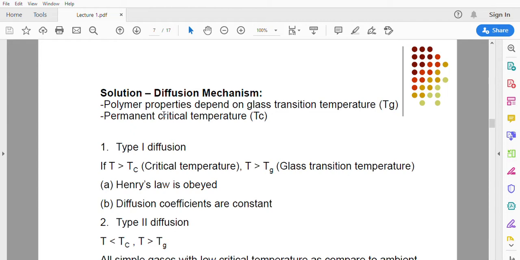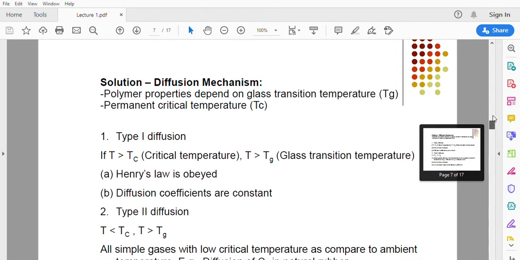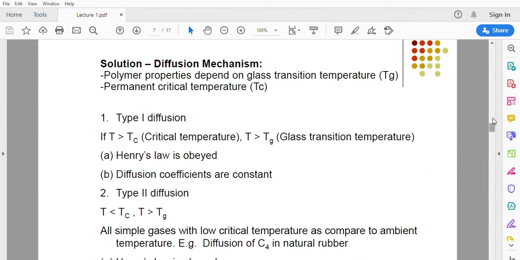Now based on these two parameters, you can classify the solution diffusion mechanism for gas separation using the membrane process. The first type is when your environment temperature, or the temperature at which you are using the membrane based process, is higher than the critical temperature of the gas and higher than the glass transition temperature of the membrane.